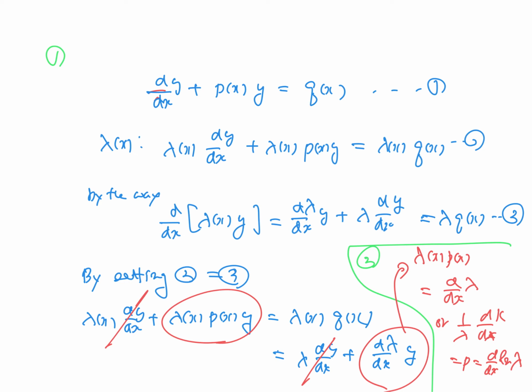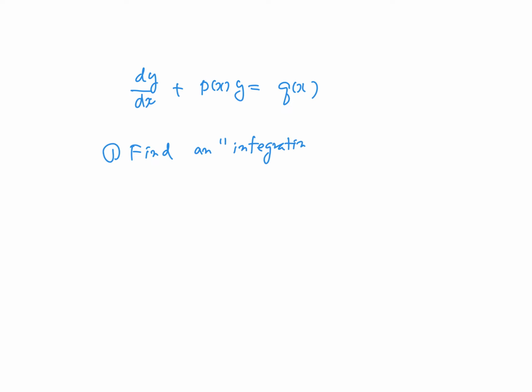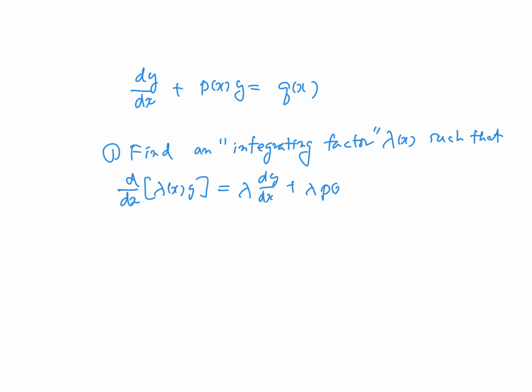Okay, given the equation dy/dx plus p(x) y equals q(x), step number 1 is to find an integrating factor lambda(x) such that d/dx of lambda(x) y is the same as lambda dy/dx plus lambda p(x) y.